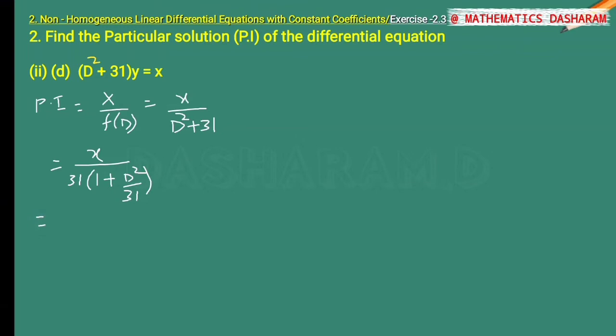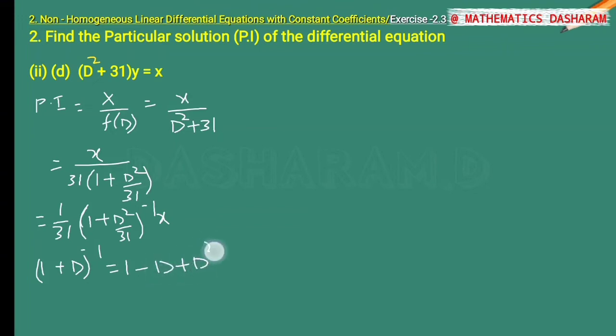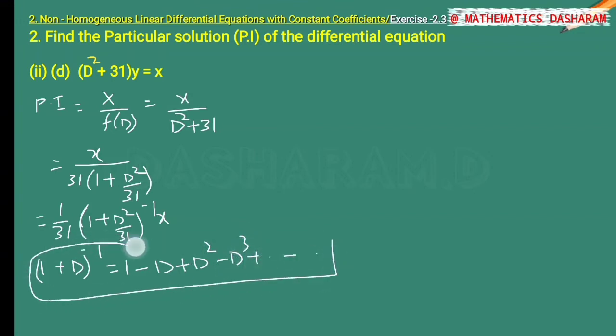So now 1 by 31, 1 plus D square by 31 whole power minus 1 into x. Here apply the 1 plus D whole power minus 1 formula, that is 1 minus D plus D square minus D cube plus dash.